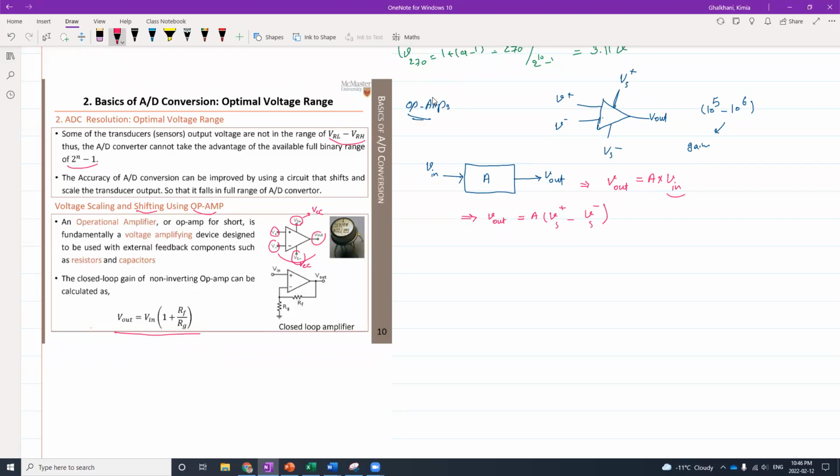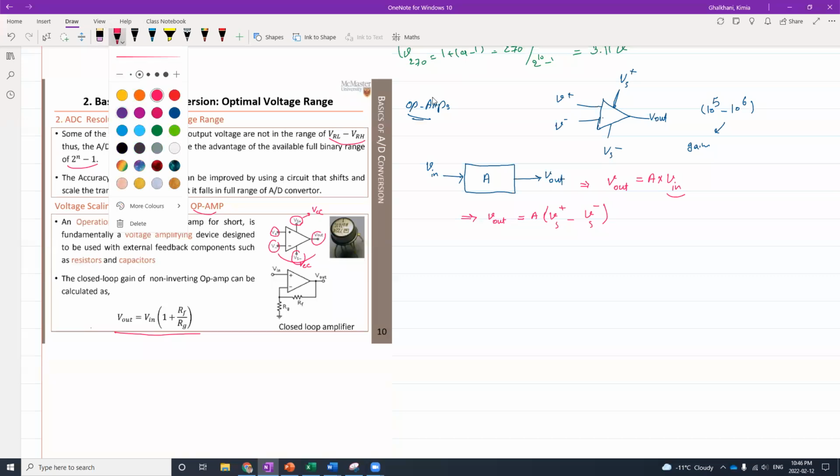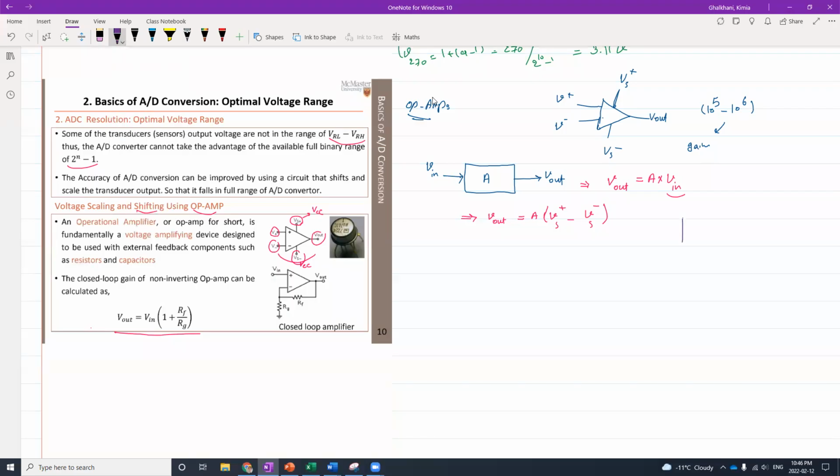Now, if I wanted to map this one, how should it be? It should be something like this. So this is going to be my input, and this is my output voltage, right? What is this gain?